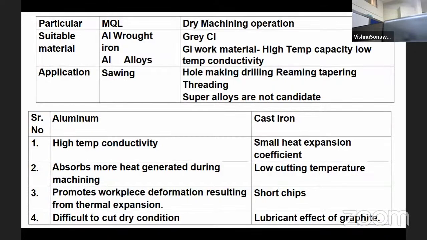It promotes workpiece deformation resulting from thermal expansion, making it difficult to cut in dry conditions. But cast iron gives short chips, low cutting temperature, and the lubricant effect of graphite. These are the advantages of cast iron materials against aluminum, right?